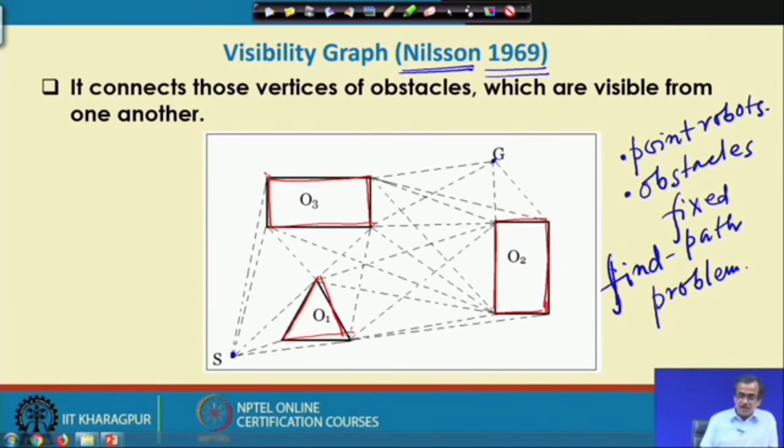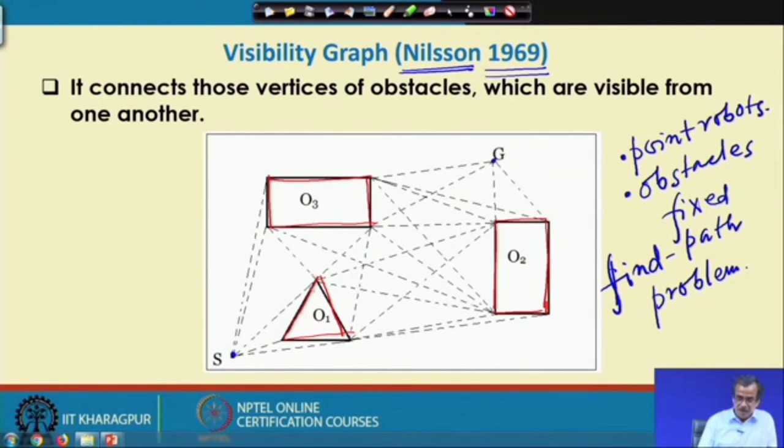Now, according to this method, we will start from here. If there is no such obstacle, very easily you can connect this S and G by a straight line, and that will be the best path or the optimal path, collision free and time optimal.